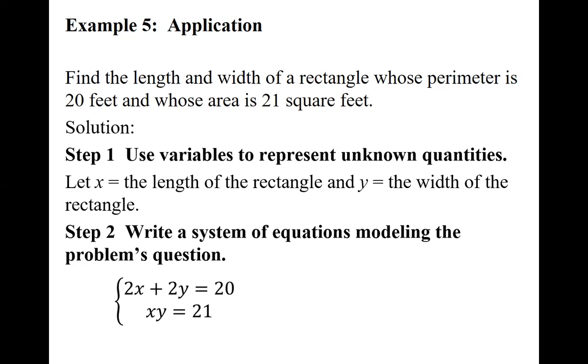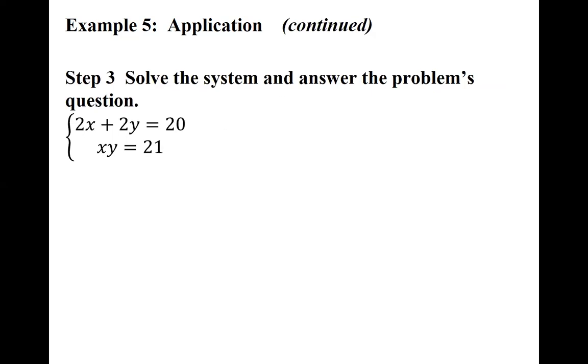Let's go ahead and solve this system. Let's take xy equals 21. Notice we can't use elimination here because the top has an x and a y and the bottom has an xy. Those are not like terms. We can only use substitution.